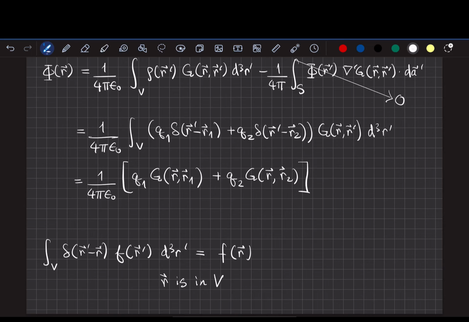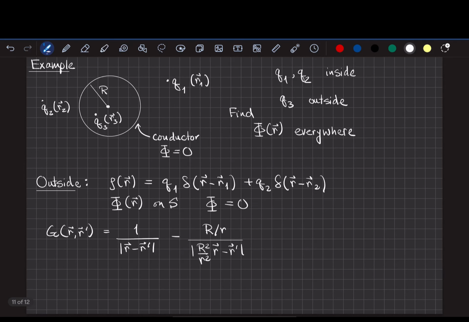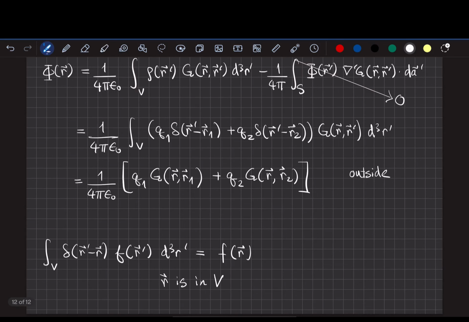So this is our potential outside, alright? And we already know the form of our Green's function. So basically just here, if you substitute r1 in place of r prime and r2 in place of r prime, you can get these two functions. So this is now solved outside the sphere.